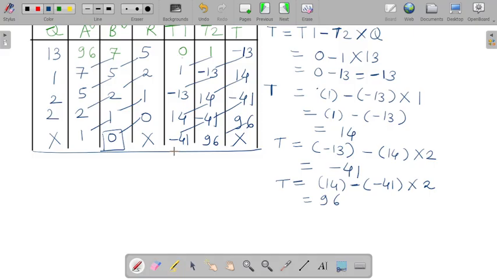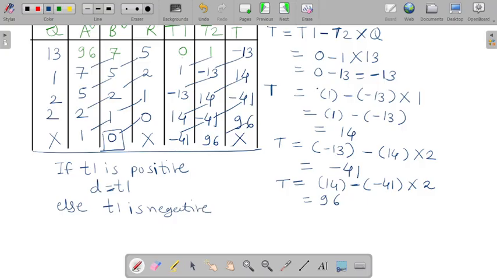So how are we calculating the value of our private key? There are some rules. If the value of our T1 is positive, then we take D is equal to T1. But if T1 is negative, then we do D is equal to T1 plus T2.